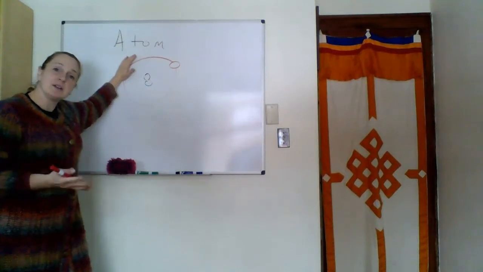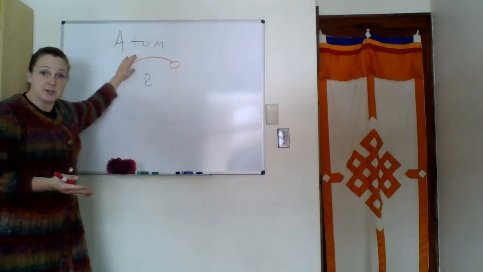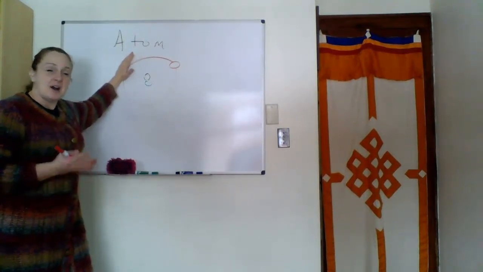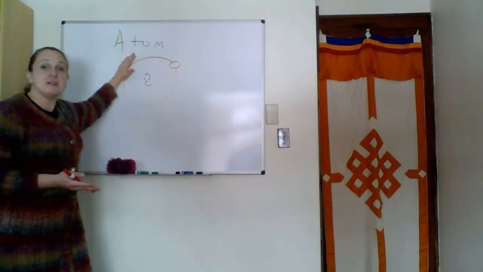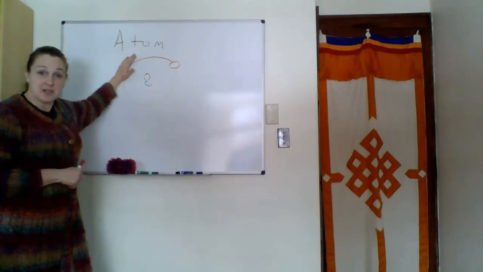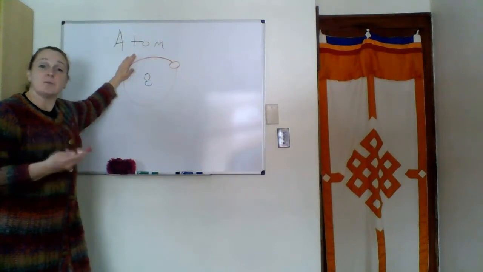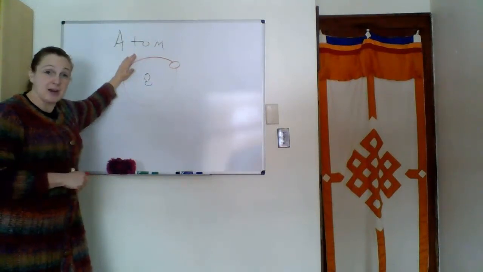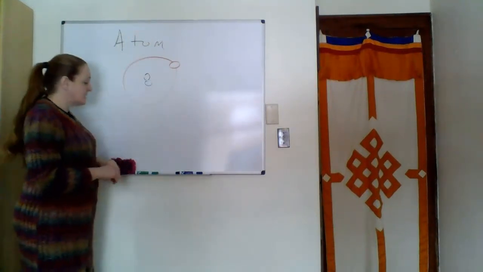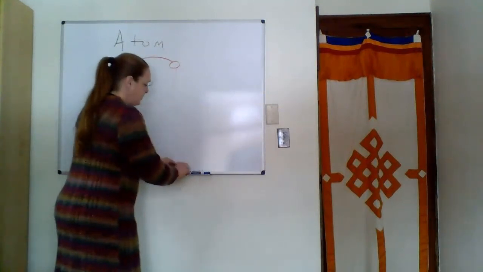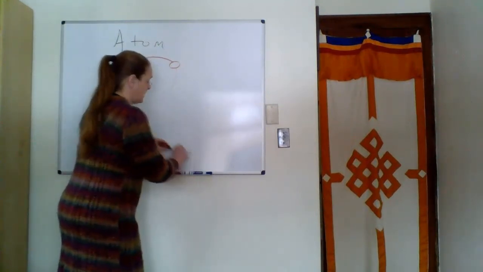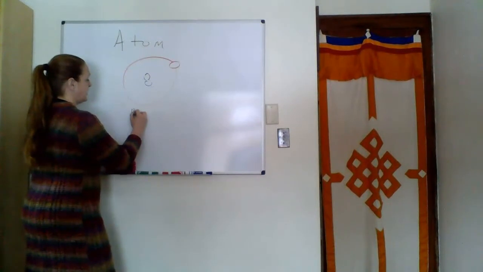Now, the reason why the electron shell is important is because how many electrons an atom has in its outermost electron shell is going to determine whether or not that atom wants to make bonds. So in this example, what I have modeled here is the hydrogen atom.